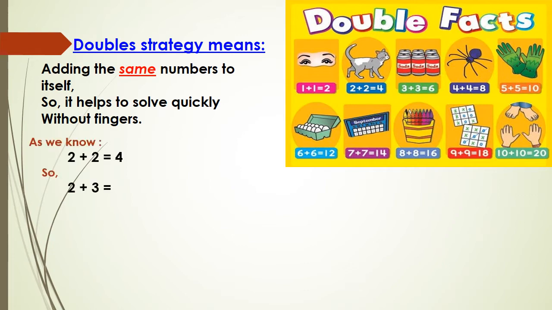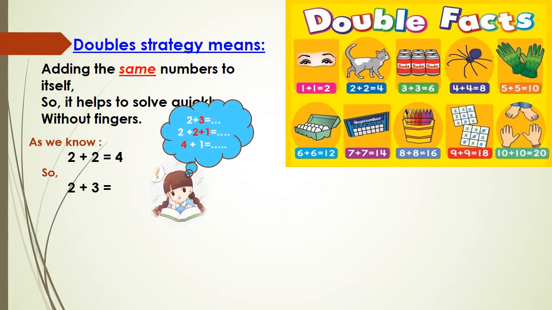Now let's solve the following example using doubles strategy. As we know that 2 plus 2 equals 4. It's adding doubles. So how to solve 2 plus 3 using doubles strategy? Let's think together. First, we have 2 plus 3.